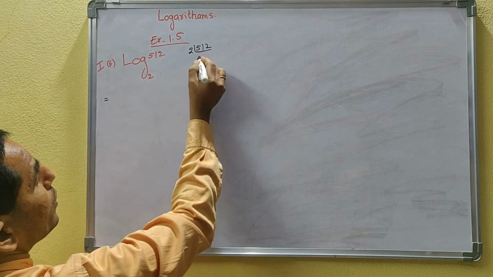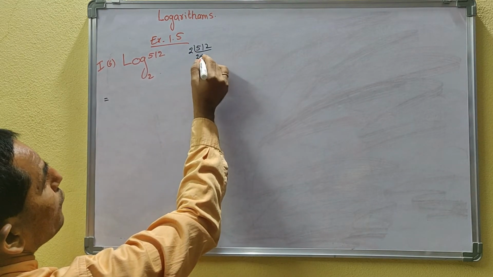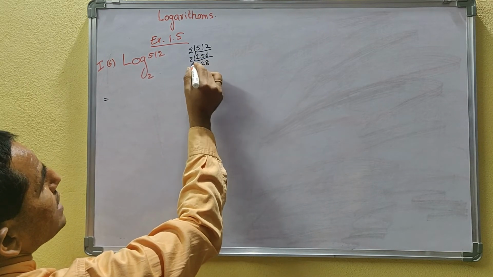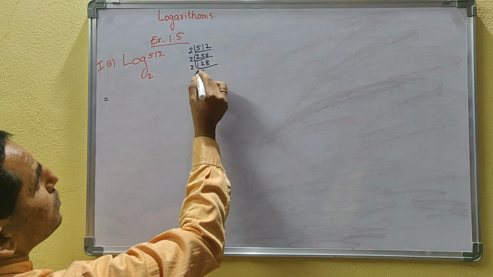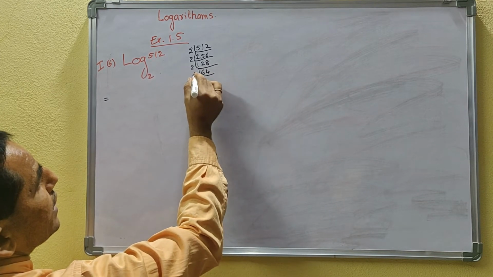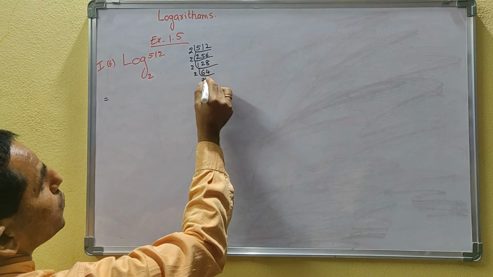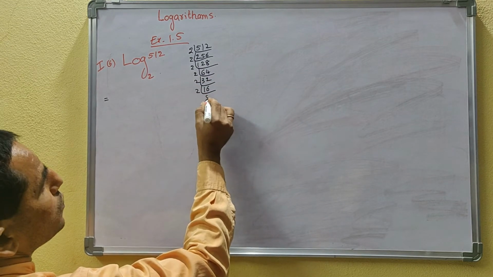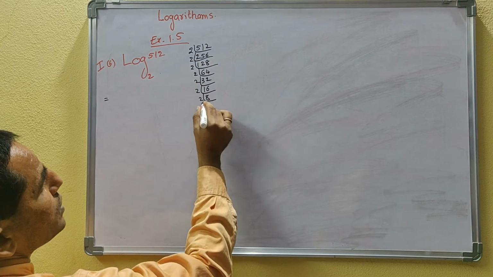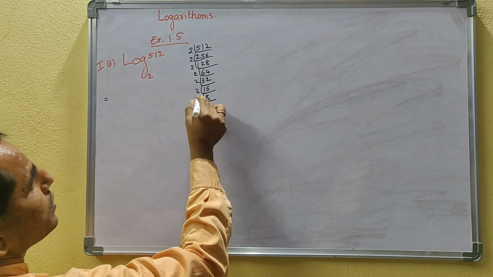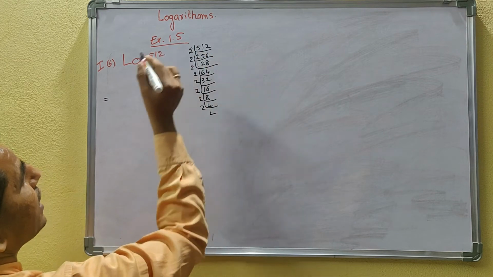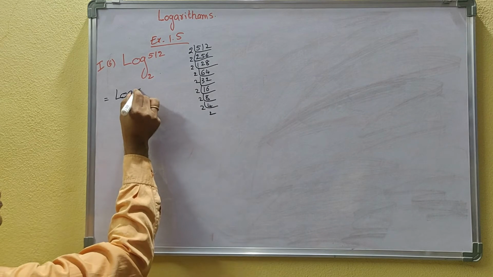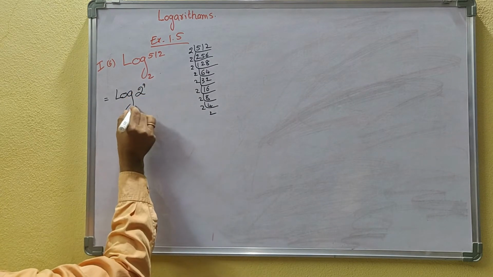So I am taking the 2 table: 2 2s are 4, 2 4s are 8, 2 8s are 16, 2 16s are 32, and so on. Counting 1 2 3 4 5 6 7 8 9. So log 512 can be written as log 2 to the power of 9 base 2.